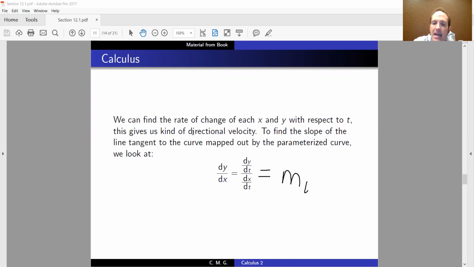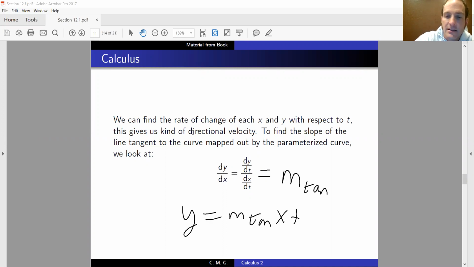So this is m tan, I believe is what we call this in the book. It's the tangent curve slope, and that is in the tangent line y equals m tan x plus b. So there is a tangent line that has that slope, and I can give the equation of that line as an equation of a line. So we get a nice, good equation of that line.